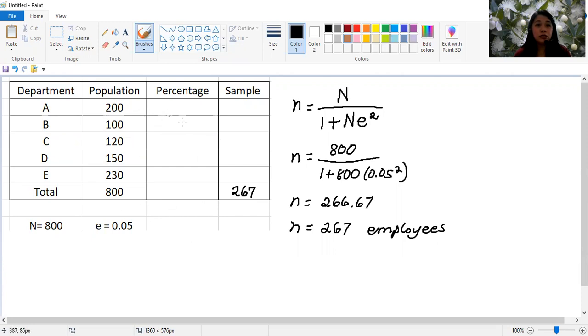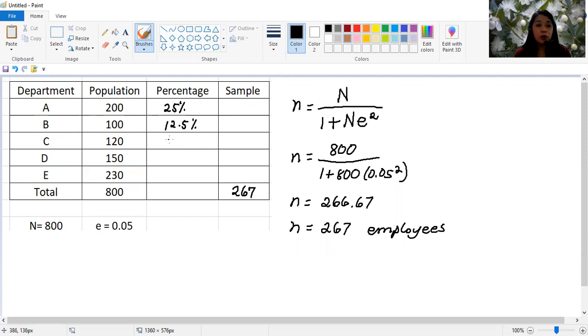Okay, so since 200 employees out of 800 come from Department A, or 25% of the population comes from Department A, and 12.5% of the employees come from Department B. Okay, how do you compute that? 100 divided by 800.